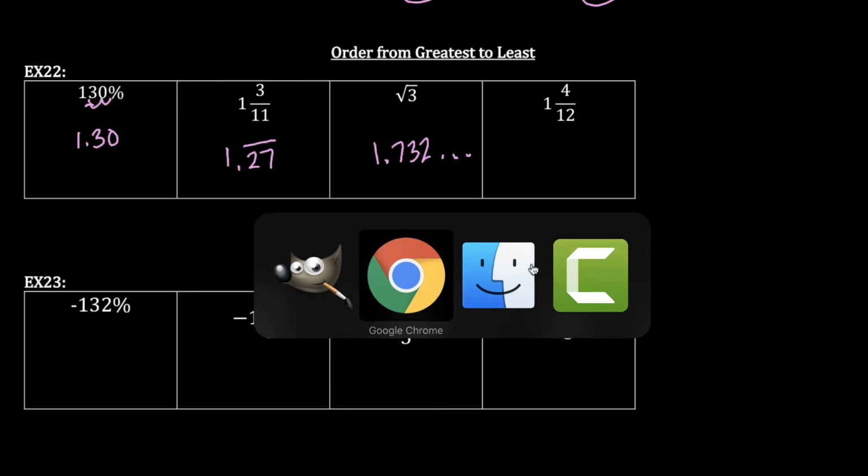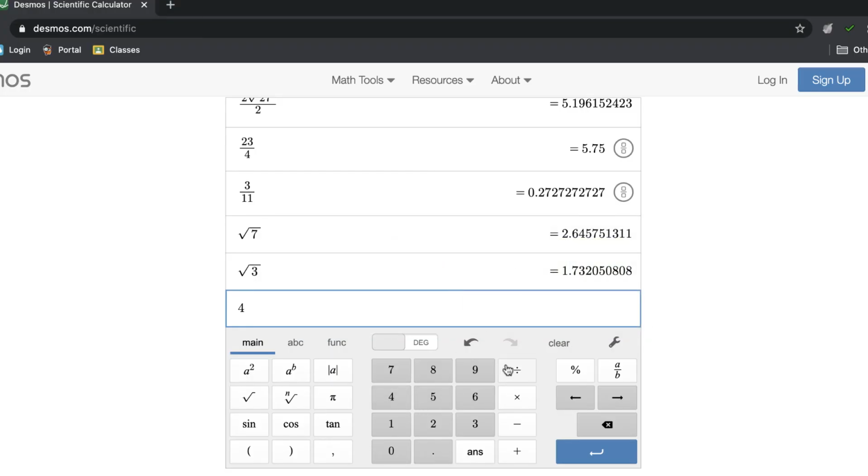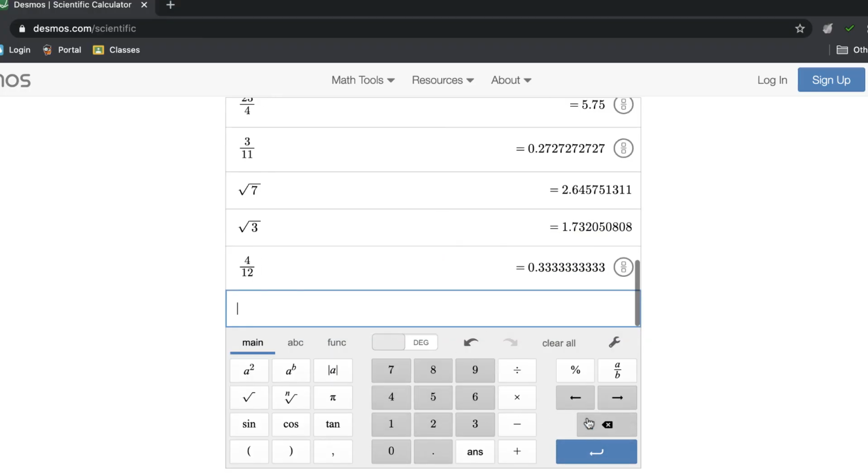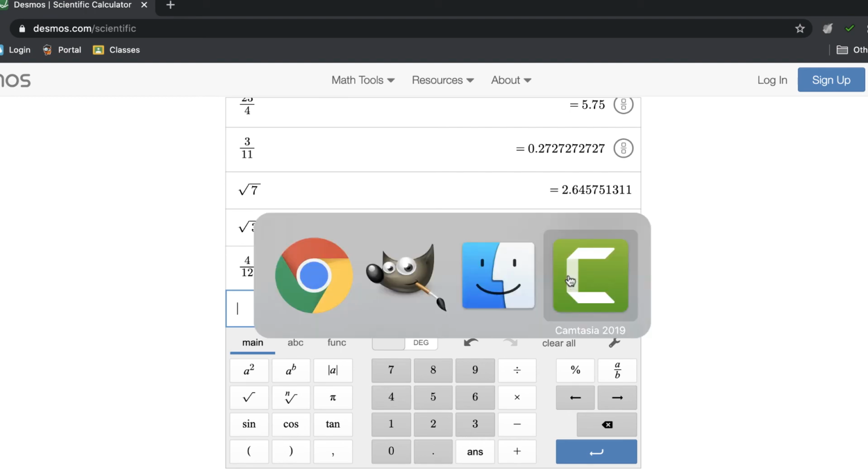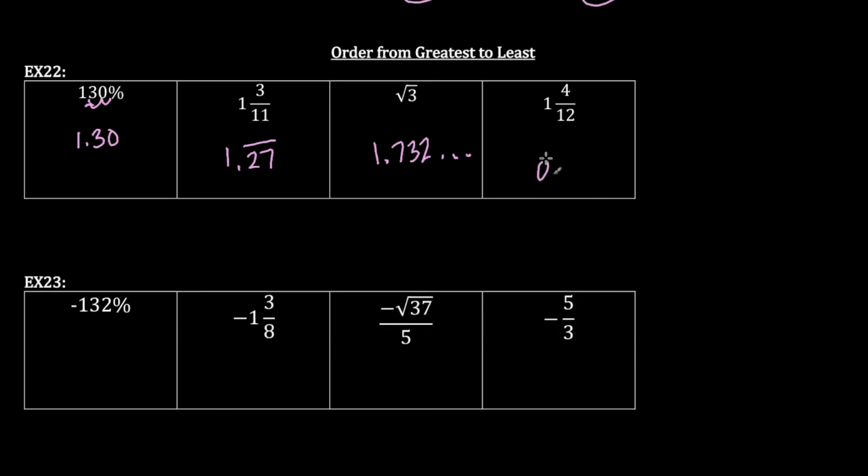I can convert 4/12 to 0.3333. Oh, that is a mistake. It's 1.33 repeating. All right, so since that one goes at 3, we can go at 3.